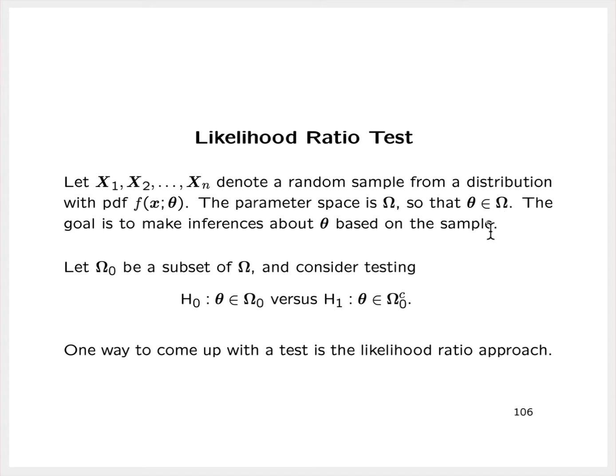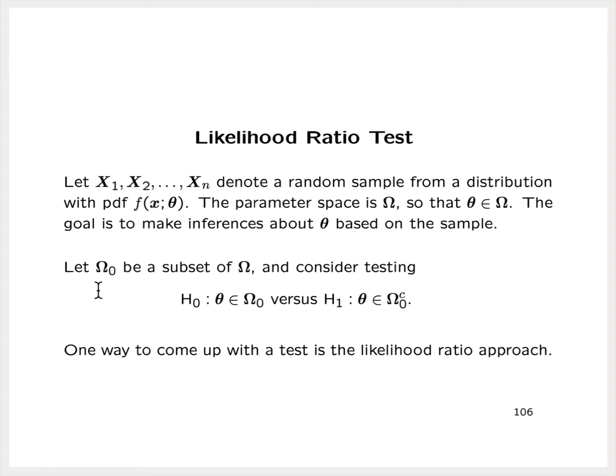Now, the goal of likelihood ratio testing, of hypothesis testing, is to make inferences about theta based on the sample that we have available to us. Now, let's set up the hypotheses, and let's express the hypotheses in a very general way. The way that we're going to do this is to denote a particular subset of the parameter space of interest.